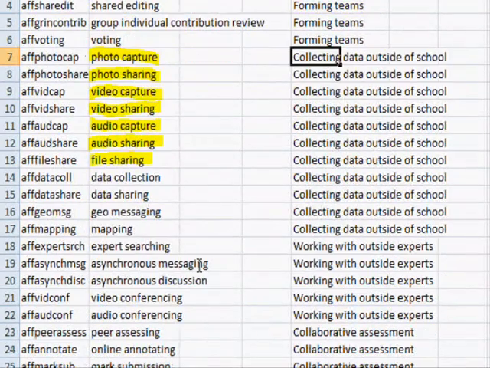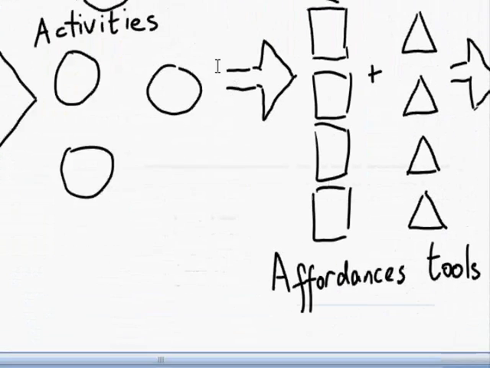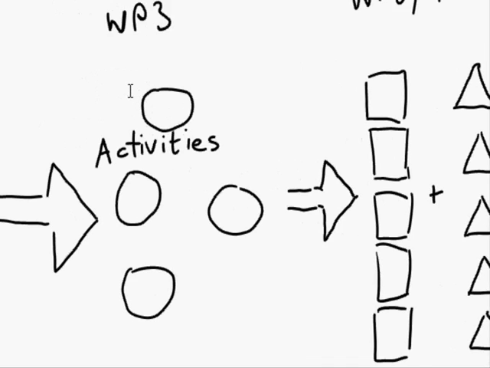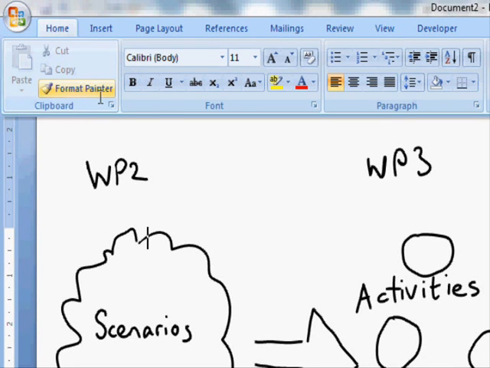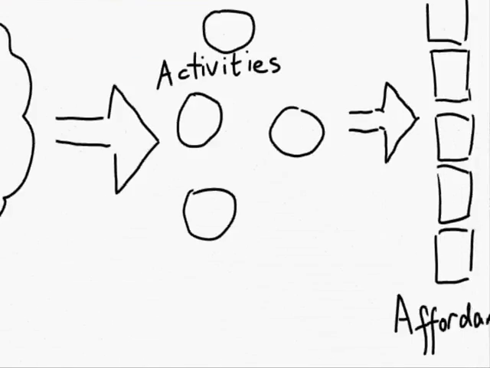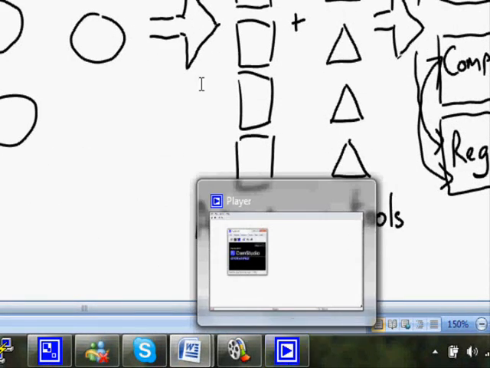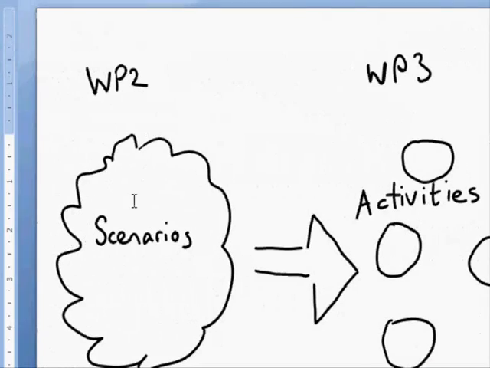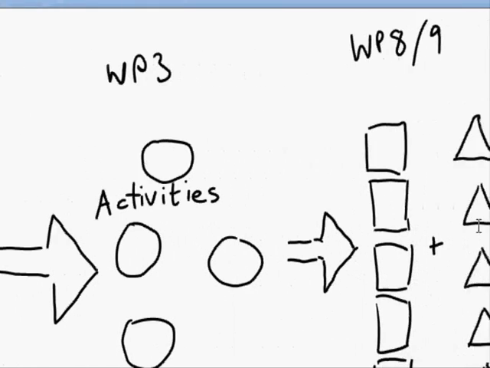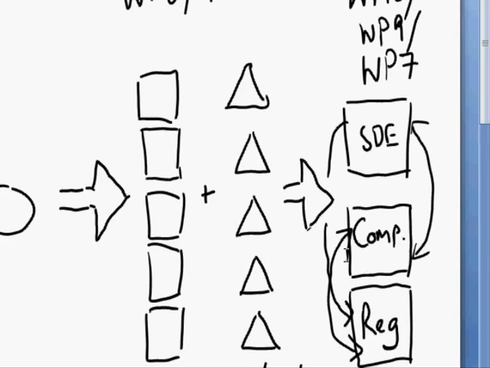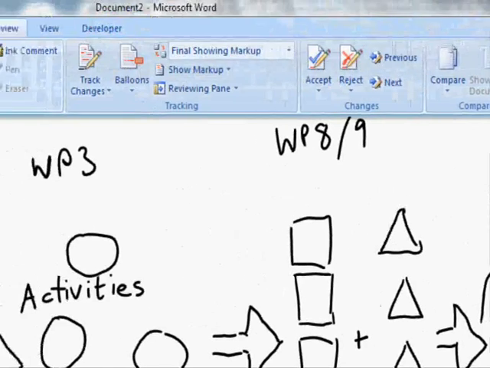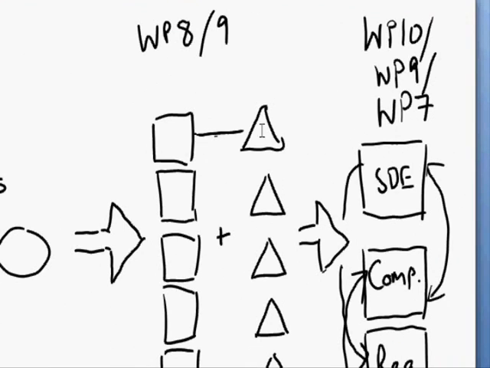Now, just going back to the diagram that I started with, by taking this approach, we've been able to create two fairly delimited lists of words, a list of affordances and a list of tools. And by having the flexibility to match affordances to tools, we can change these relationships between tools and affordances as the project evolves.